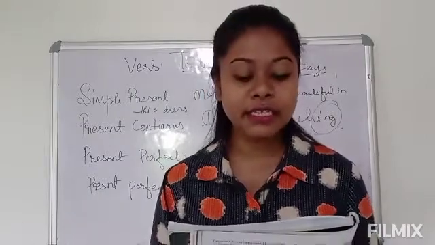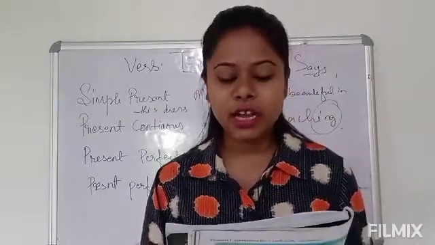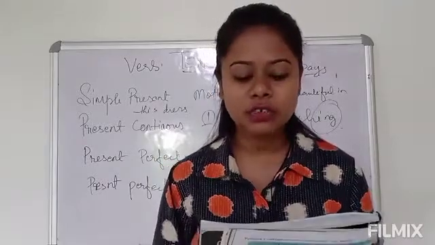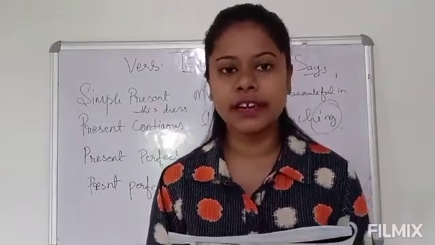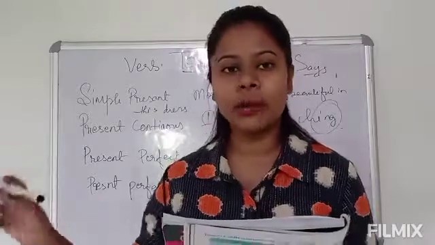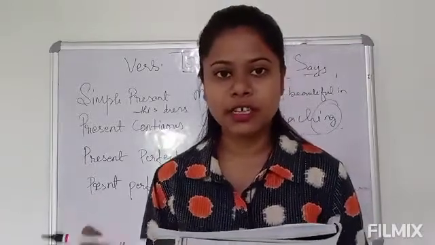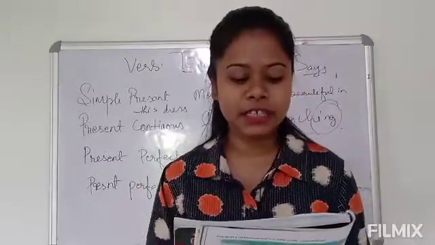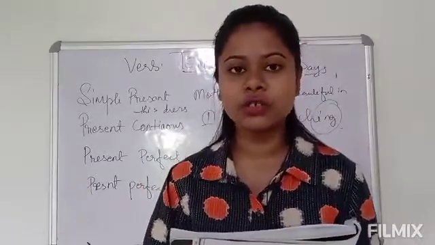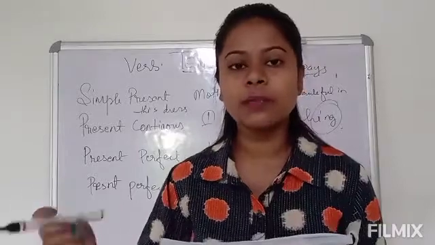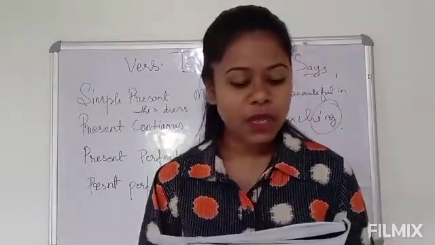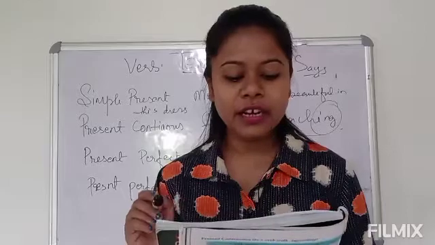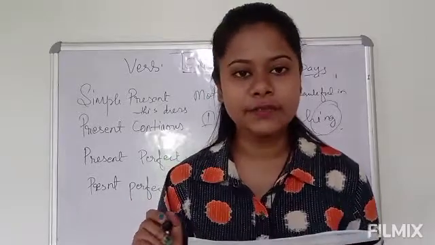Next is an immediately completed action. Like her plane has just landed. Okay, that will not come under the past tense. That is a present perfect. Okay, which has already been completed, the action which took place just now. With yet, only in interrogative or negative sentences.